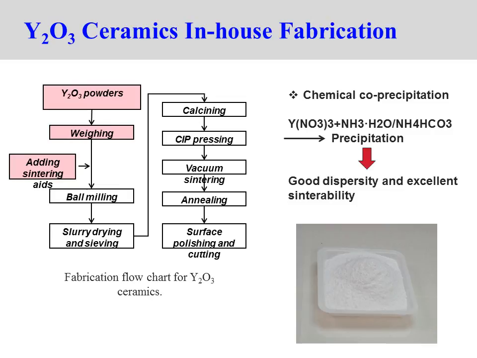This chemical reaction is very simple and it happens in liquid. After the reaction, we got the precipitation. The advantage of this method is that we can get the powders with very good dispersity and excellent sinterability.